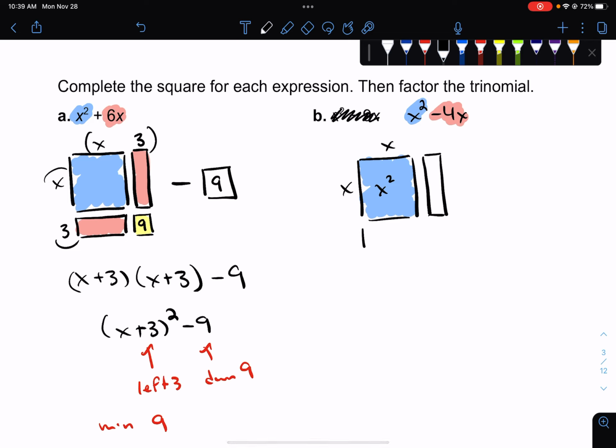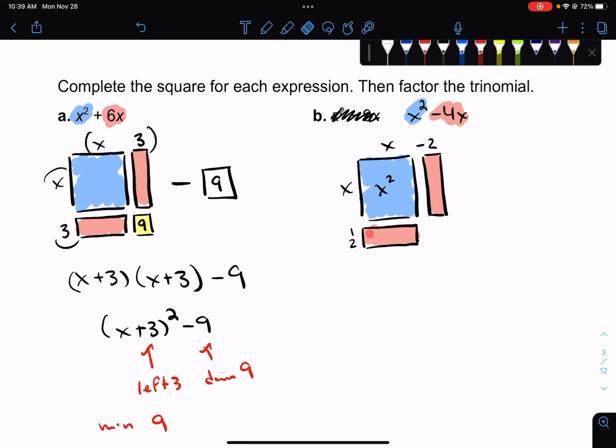This is weird because technically we're taking it away, but I'm going to take that minus 4x and turn it into negative 2 length rectangles.